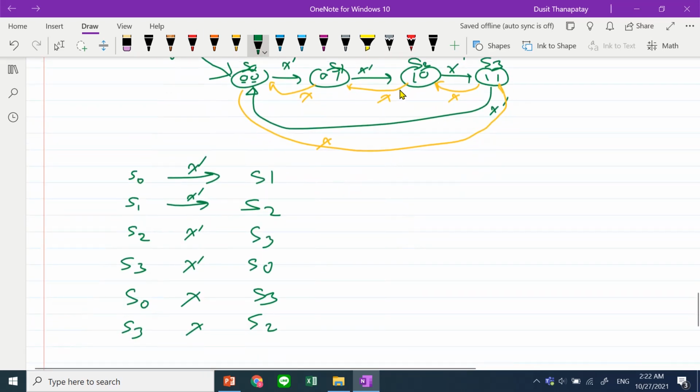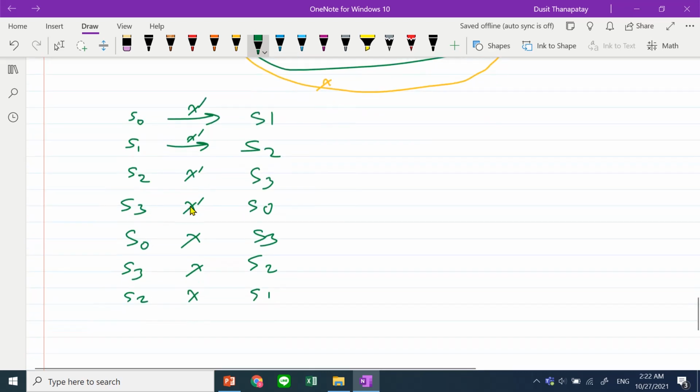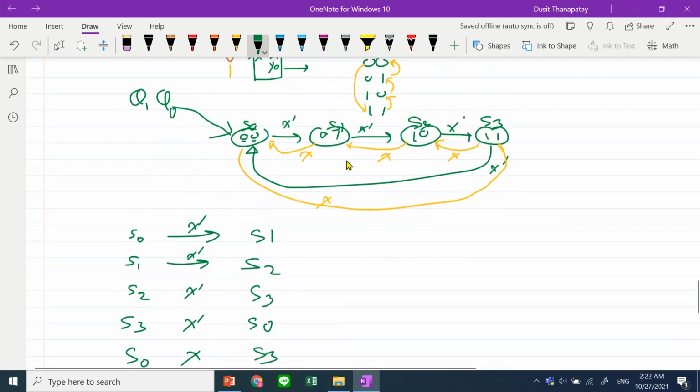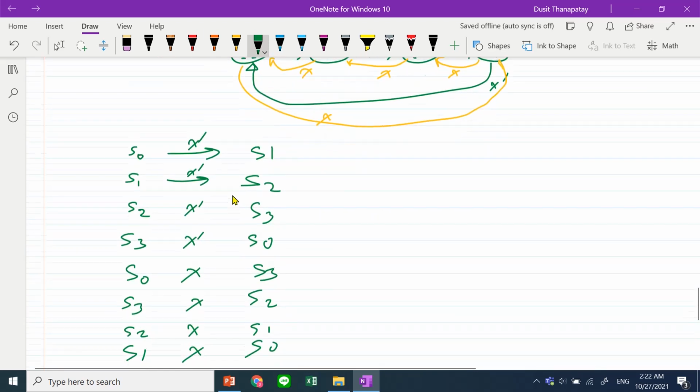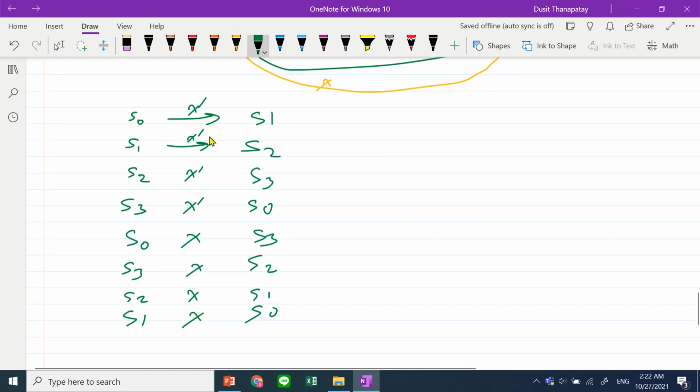And S2 to S1. Input condition is X. And S1 to S0. The transition expression for this is X. So how many? 1, 2, 3, 4, 8 in total.